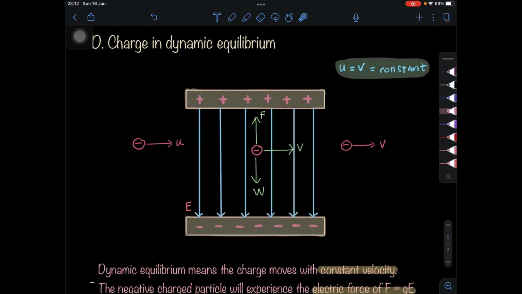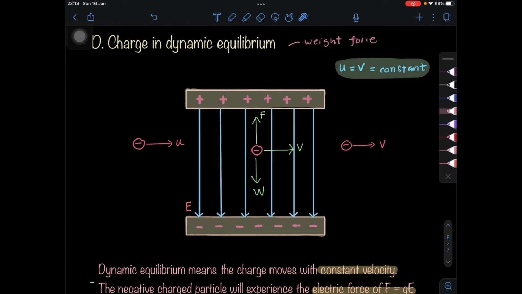Okay, so the last case is when we have a charge in dynamic equilibrium. For this case, we need to consider weight force. For the previous cases, we don't need to consider weight force. We only have one force involved, which is electric force. For this fourth case, we have two forces, electric force and weight force.